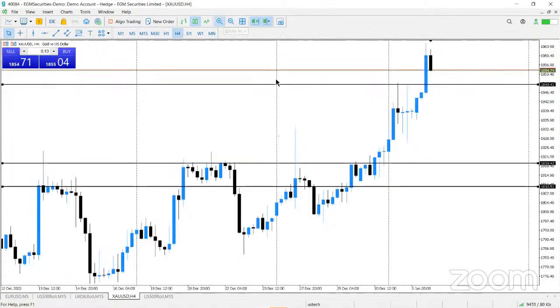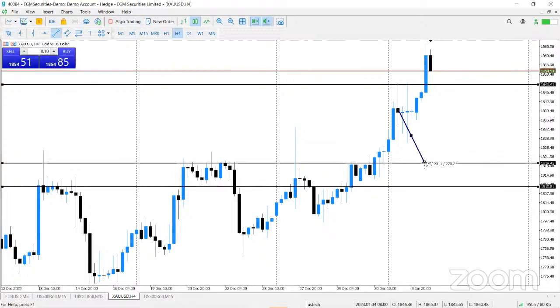For gold, we said our bias was up because this was an uptrend. And we talked about if the price was going to head lower, then this was where we'd be looking for a reversal trade. If the price is going to go higher, then we'd wait for reasons confirming that price is not going to go below this level over there.